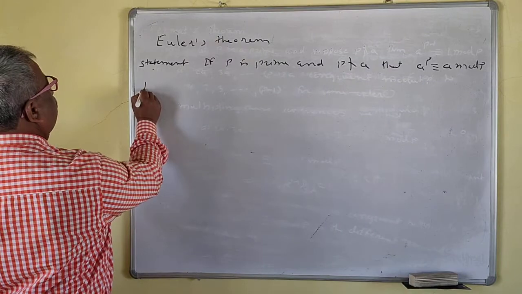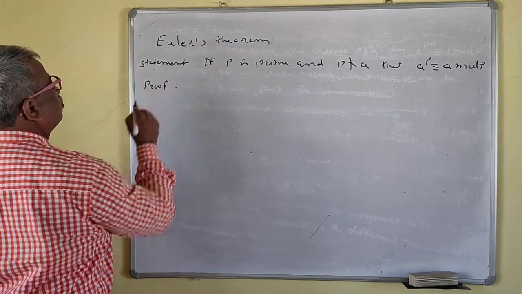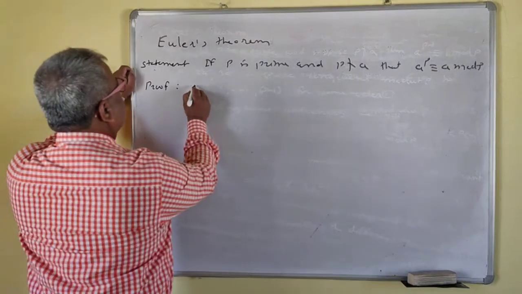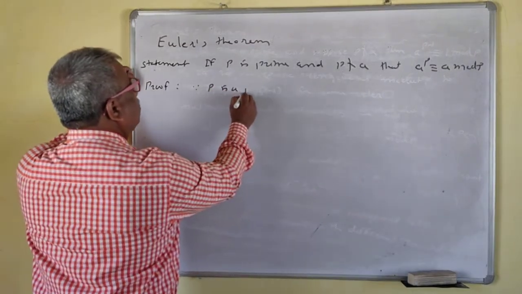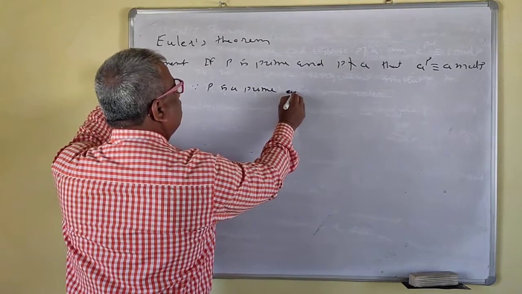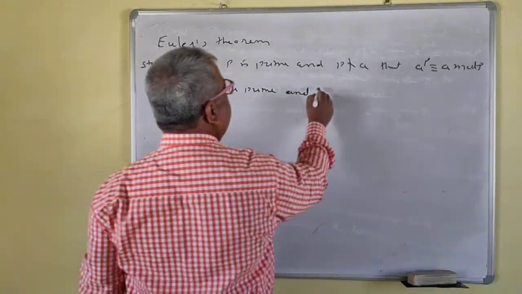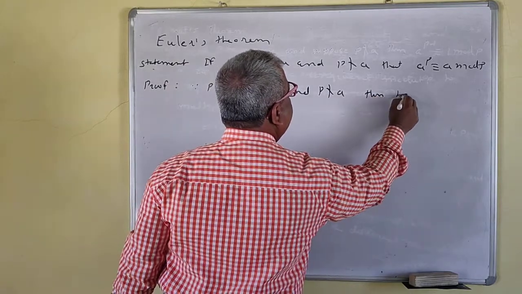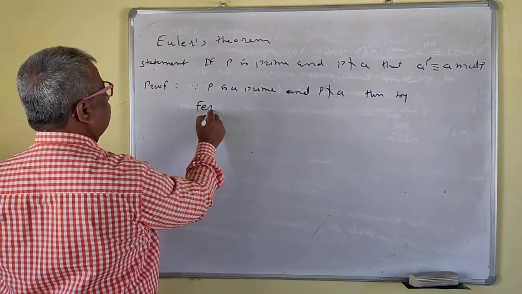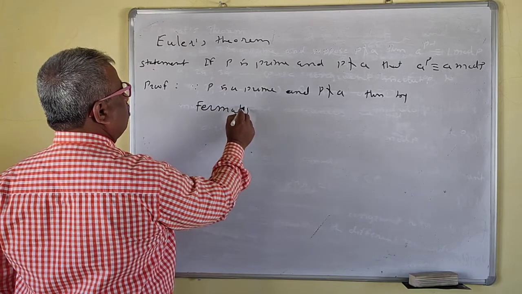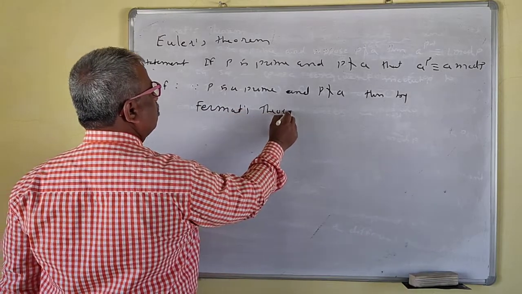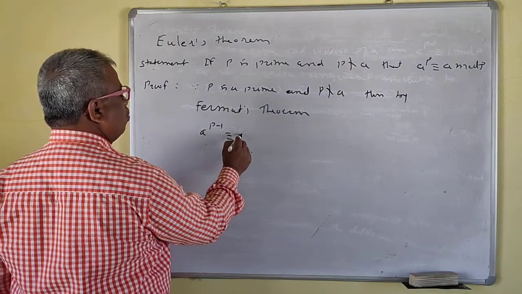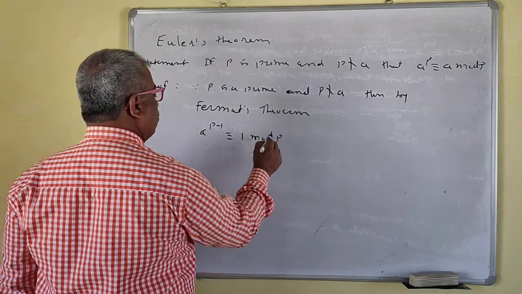Okay, so we prove this one. Since p is a prime and p does not divide a, then by Fermat's theorem, a raised to p minus 1 is congruent to 1 mod p.